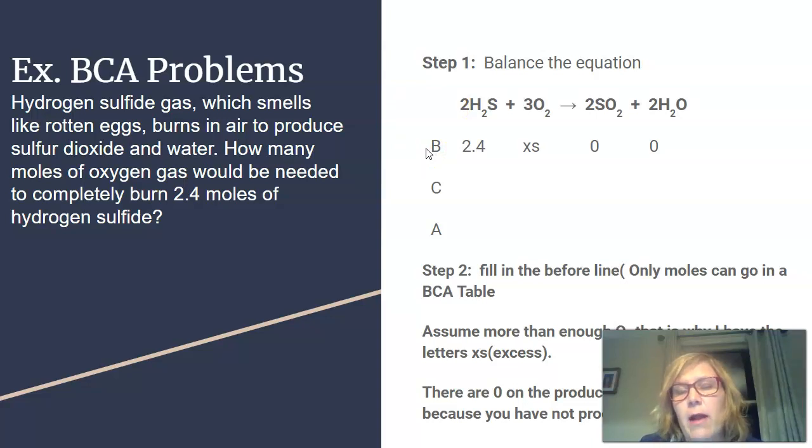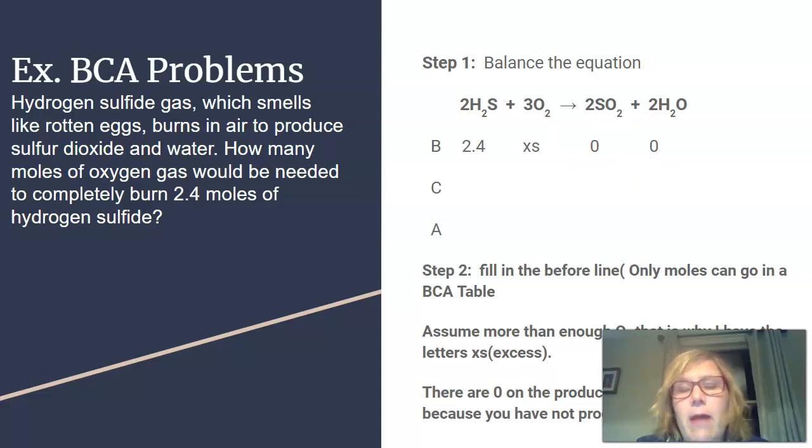And right now, what I have in my pantry is 2.4 moles of H2S, and I have excess O2. Now, since I haven't made anything yet, that's why I have zeros on the product side. Zeros will always go on the product side in the before line, okay?